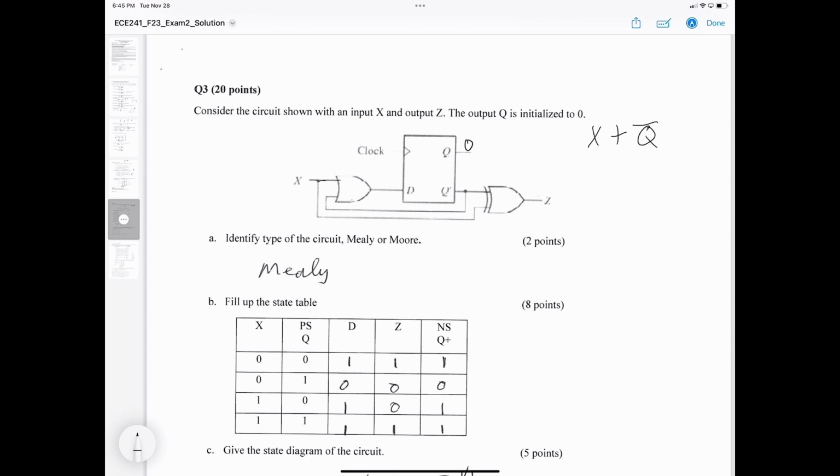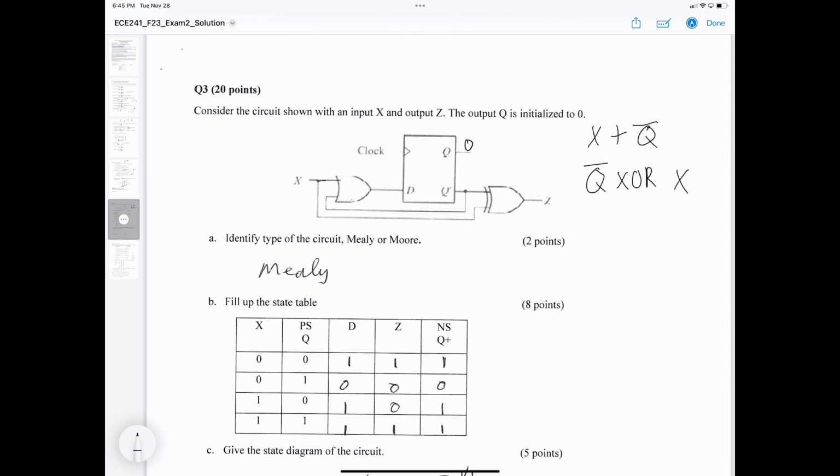So whenever Q is a 0 in this statement, D is a 1. Then you write the Boolean algebra for Z. Z is Q bar exclusive or X, right?